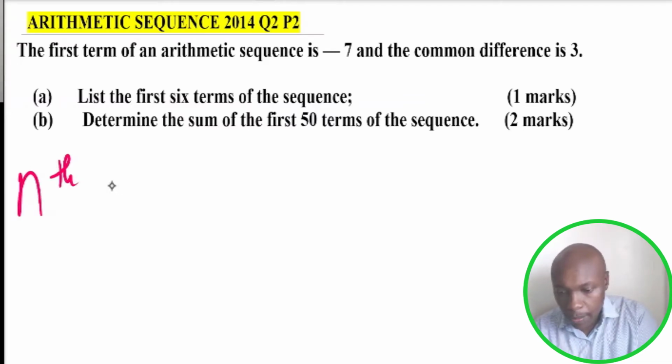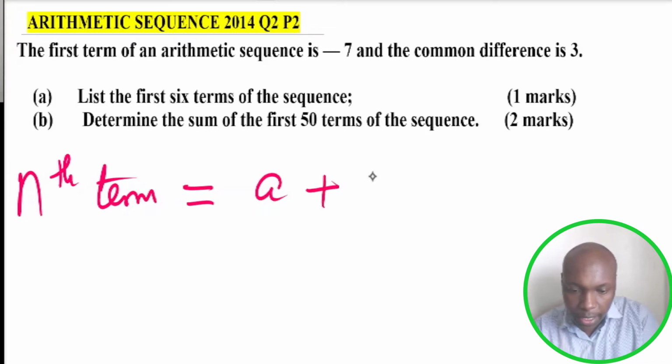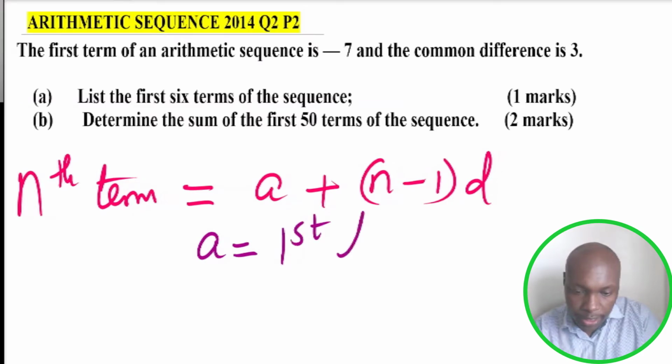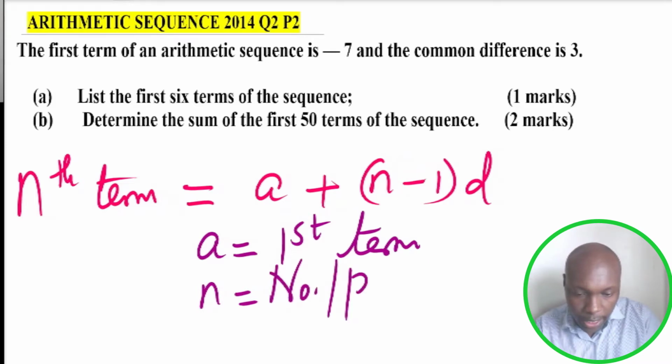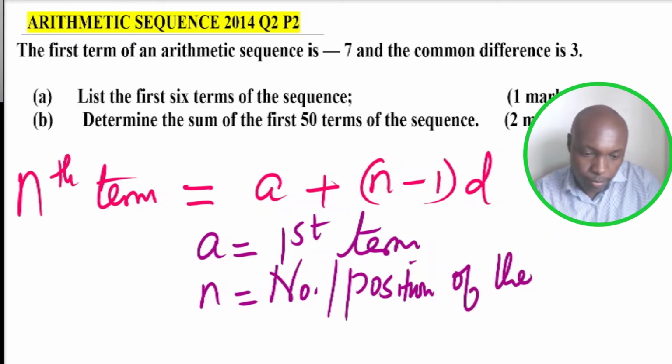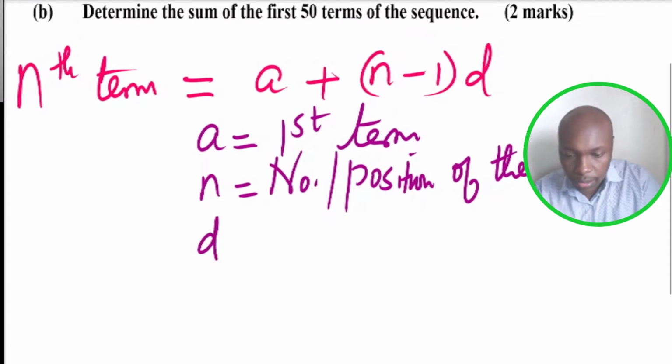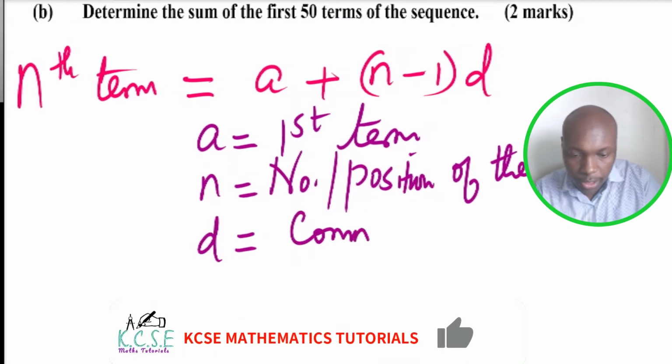So the nth term is given by this formula: a plus n subtract 1 multiplied by d, where a is the first term, n is the number or the position of the term, and d is the common difference.